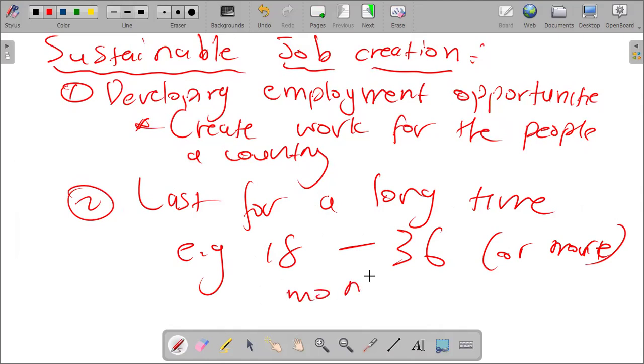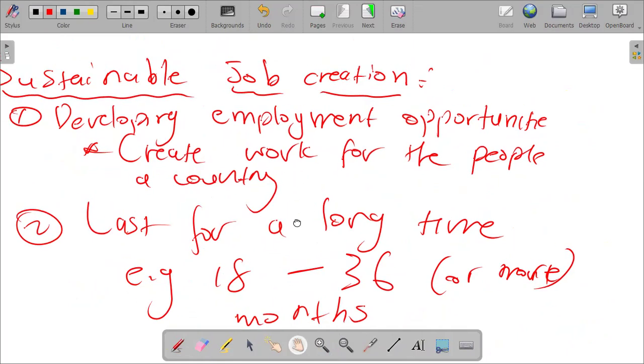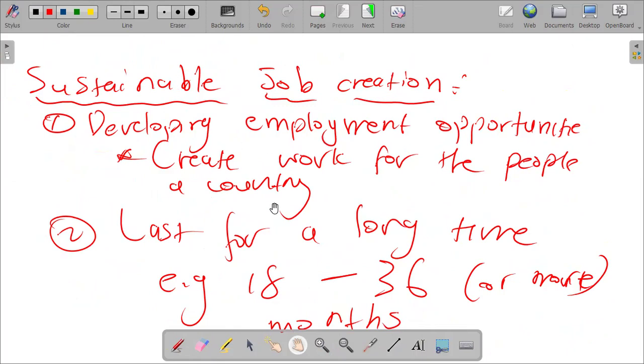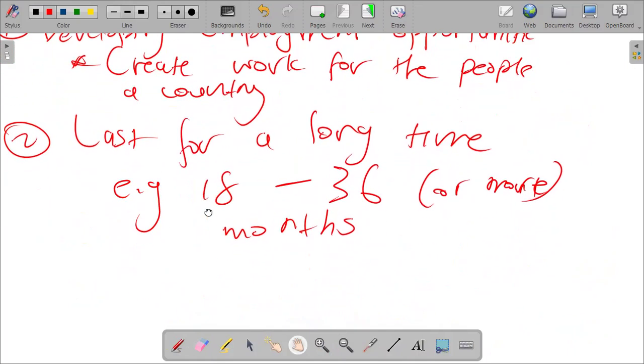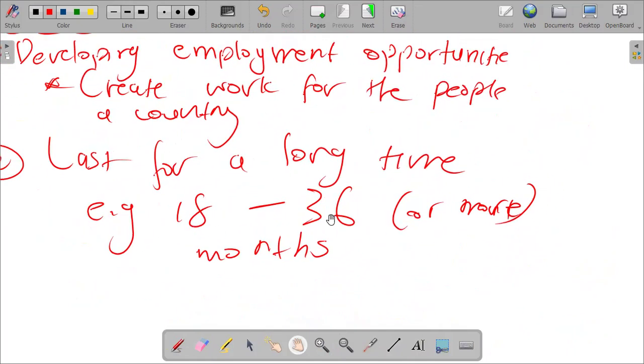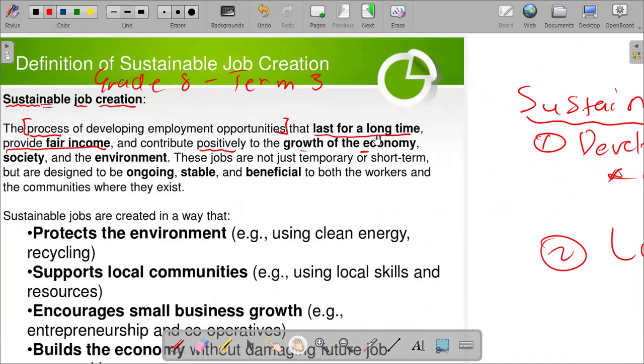If the work is not for at least 18 months, it's not sustainable because it does not create job creation in the future. An example would be from 18 to 36 or more months. So they must last for a long time.